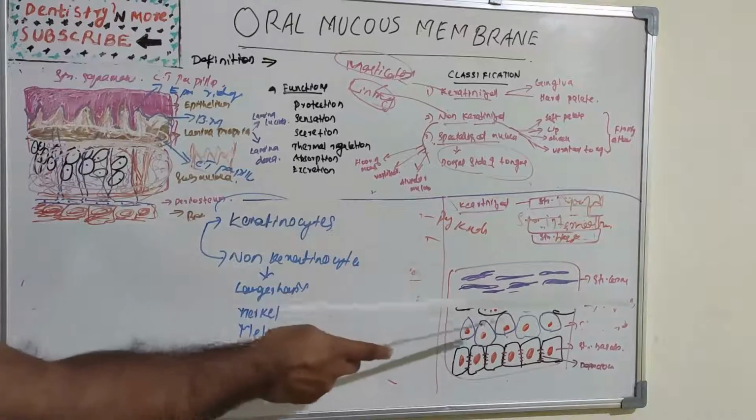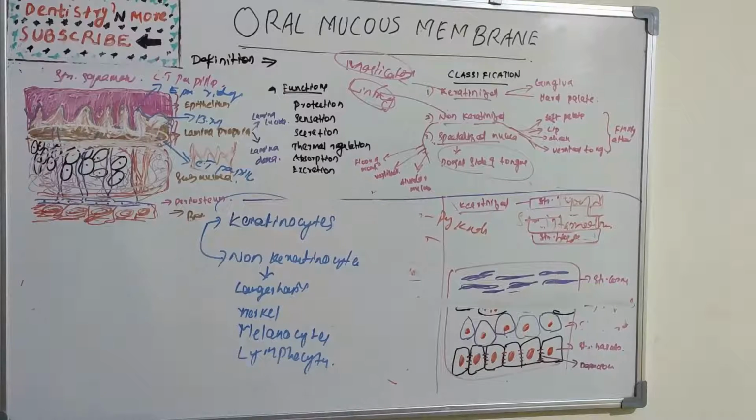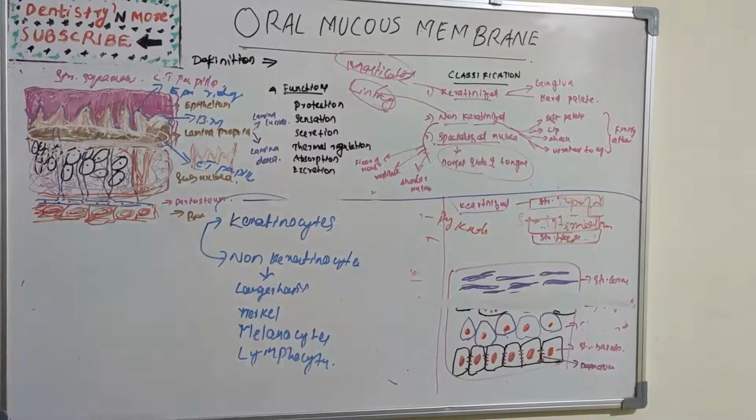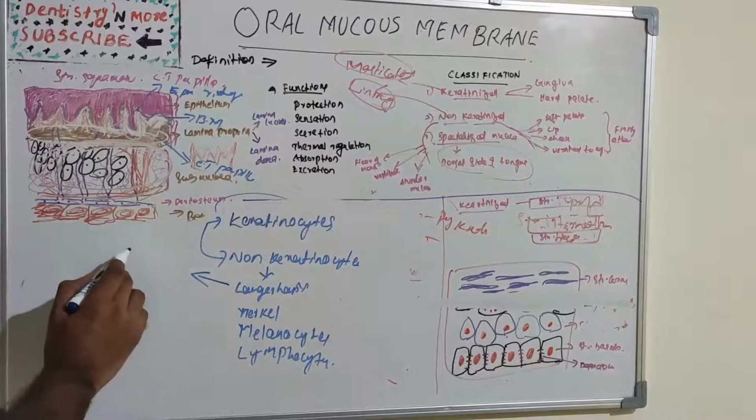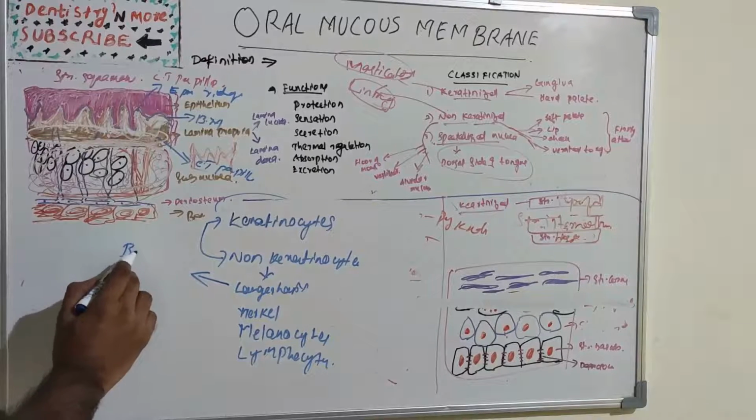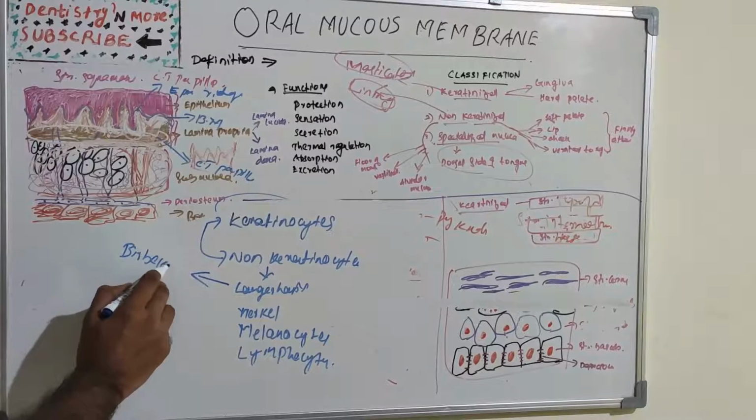They can be distinguished from melanocytes by the absence of premelanosomes. They contain the rod-shaped or racket-shaped Birbeck granules. Okay, so that is very important. Birbeck granules are seen in Langerhans cells. We already finished this in gingiva.